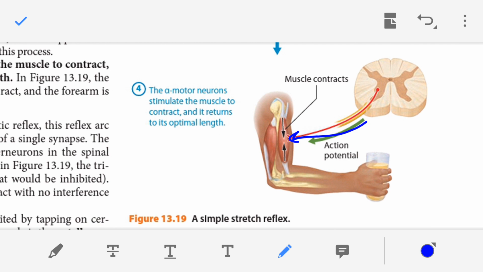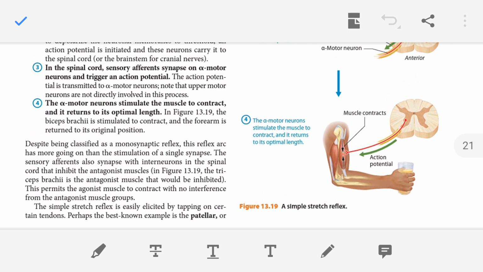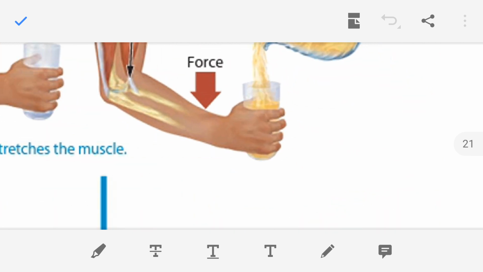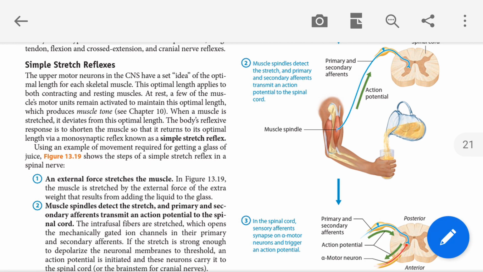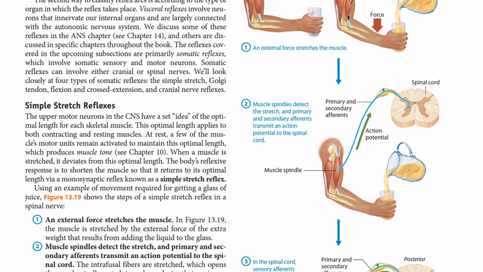As the bicep muscle contracts, you are bringing your arm back into the normal upward position. This entire process is very fast. In a fraction of a second, this entire reflex action is completed. So this illustration also shows the simple stretch reflex.